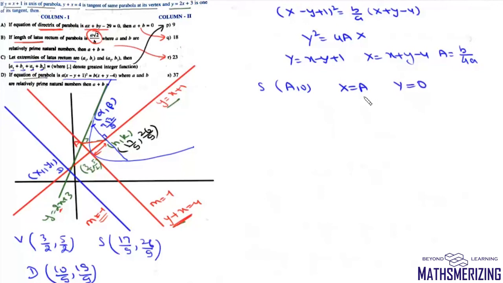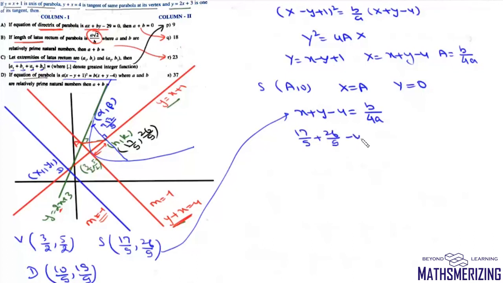So we'll take capital X as a. Capital X is x plus y minus 4, and this equals b upon 4a. Now we already have the focus of this parabola: the focus is at 17/9 and 26/9. So it will be 17/9 plus 26/9 minus 4, and this is b upon 4a.